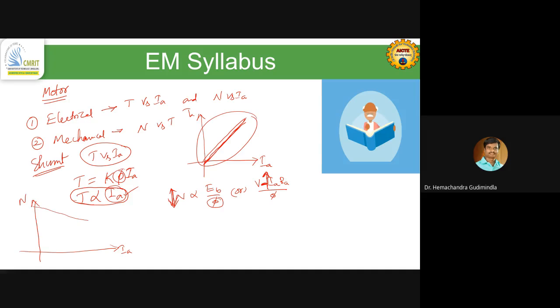So if you replace the Ia with torque, that is the mechanical characteristics, so it is the same as this graph. This is the same graph. So mechanical characteristics and electrical characteristics, that is N versus Ia and N versus T, both are the same, since torque is directly proportional to Ia.